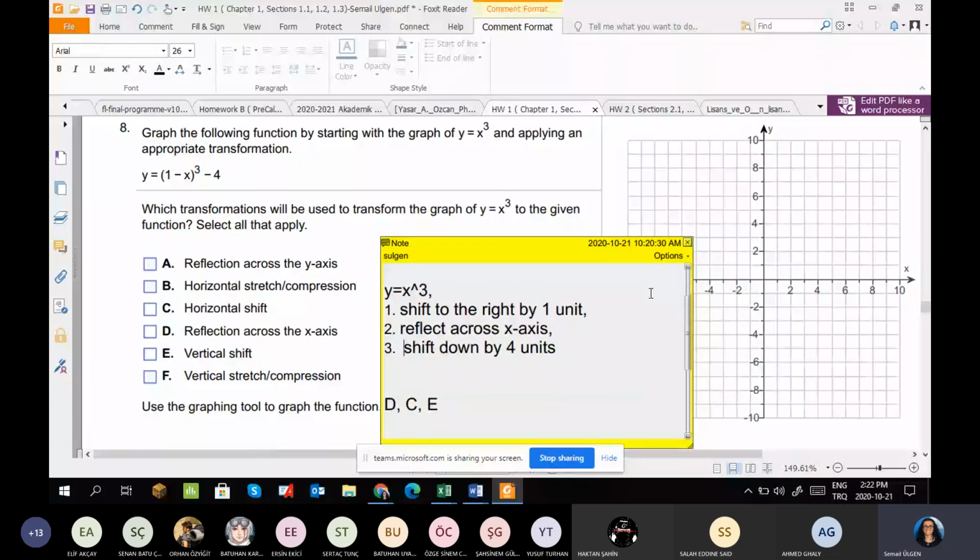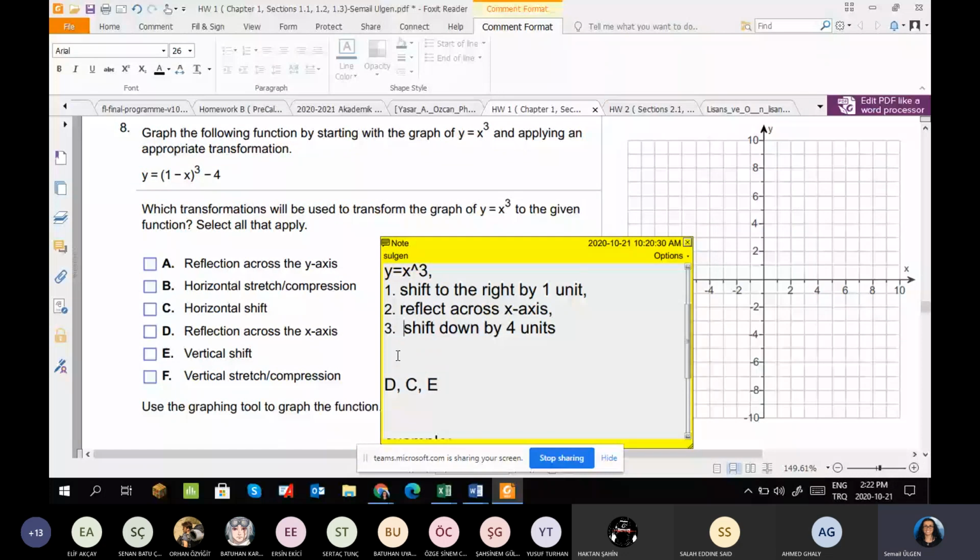That's why we have the answer. Let's put it in order: C, D, comma, E. That's the answer to this.